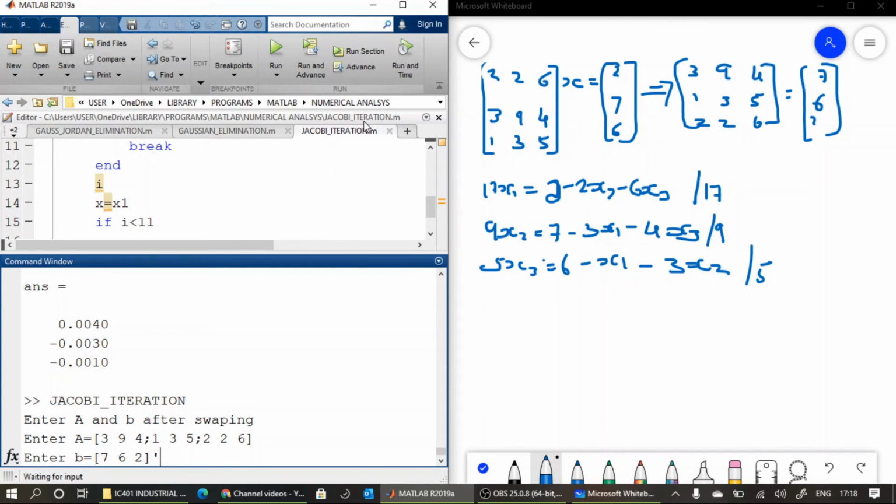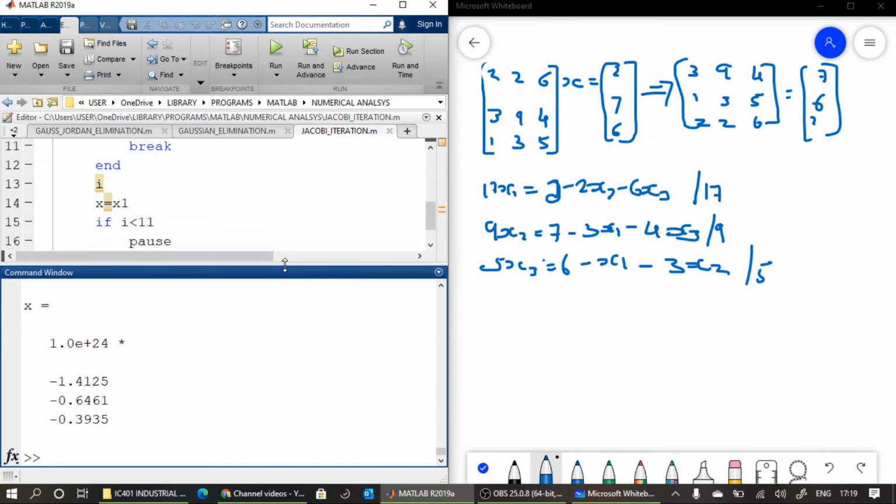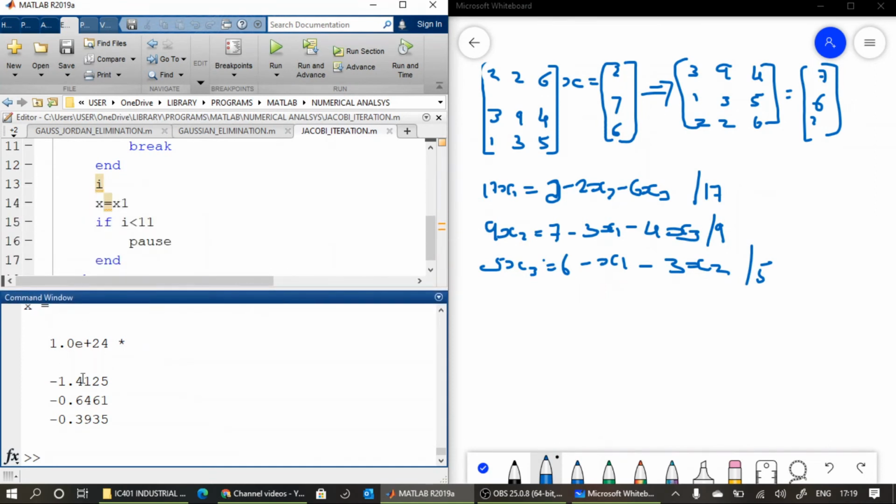That one is a column vector. So this is after the first iteration, up to the 8th iteration, 9th iteration. Now you can see that this is diverging. I am running this algorithm up to the 100th iteration. After the 100th iteration, you can see that this one is a very large value, 10 raised to 24, means this one is diverged.